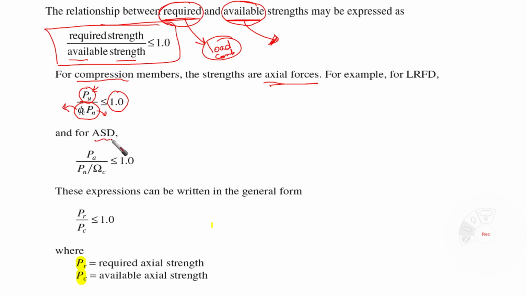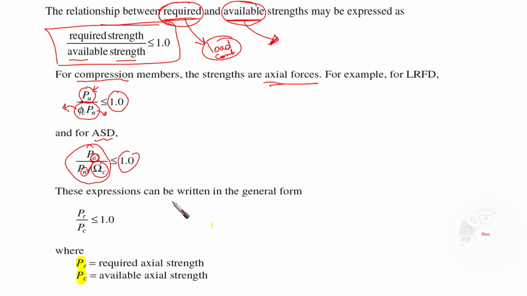And for ASD, we mentioned a similar equation, the actual load, or PA, over the nominal strength, where we use the safety factor in the equation, and this should always be less than or equal to 1.